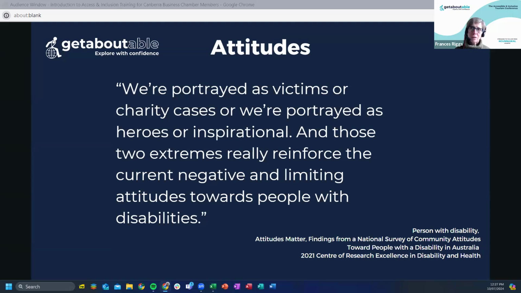I think often, and that's why sessions like today, particularly for people who haven't been exposed to people with disability, at Get Aboutable, we think it's important that people get an opportunity to build their awareness and understanding wherever they're at. But we often feel a palpable fear of people with disability when we're speaking to people who haven't been exposed to people with disability. And we want to break that down.